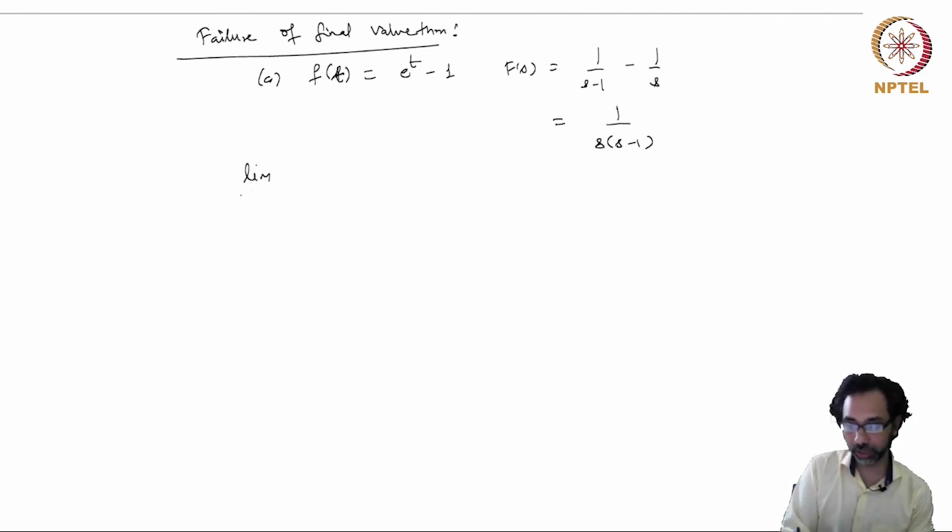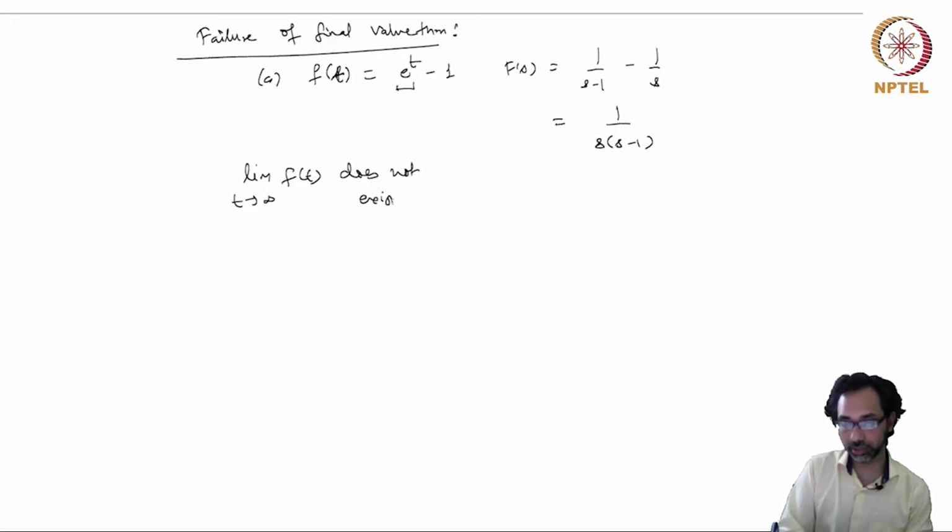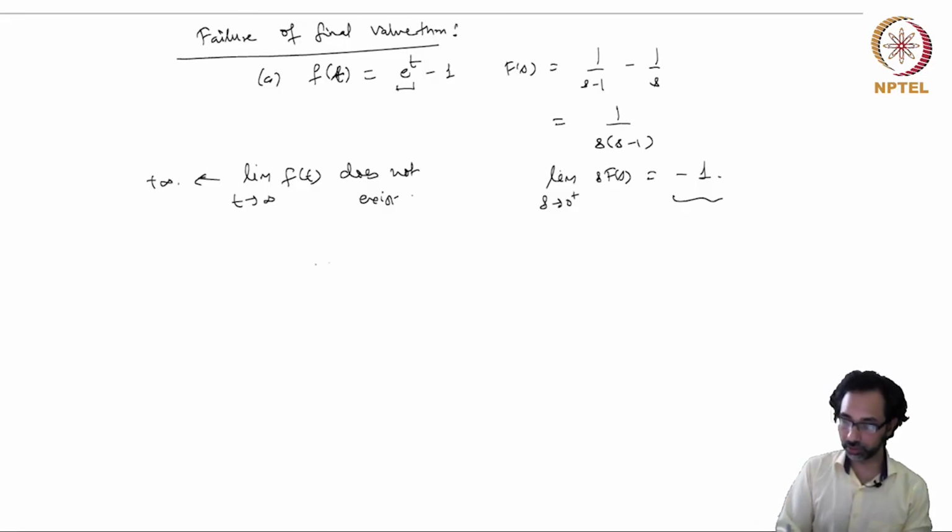So of course the limit as t tends to infinity of f(t) does not exist because we have a positive power of e, while the limit as s goes to 0 plus of sF(s) is minus 1. So in this case this limit goes to plus infinity, and this is minus 1, which is absurd. So in this case the final value theorem fails to hold.